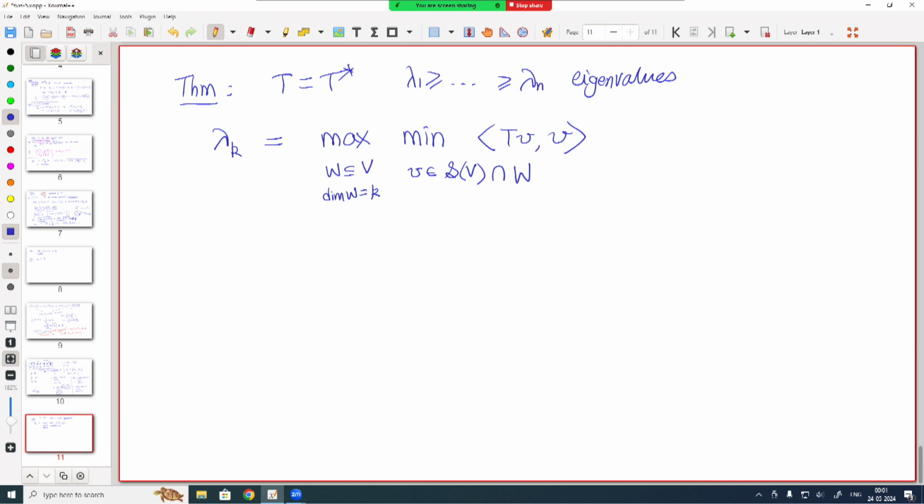So this holds for all k, and then there is likewise a min max. You can say it is the minimum of the maximum of TVV, V running over the unit sphere intersect a subspace W, but W is of complementary dimension.